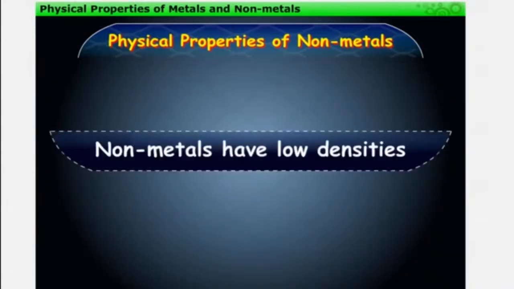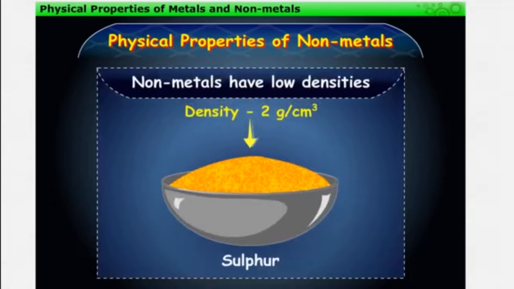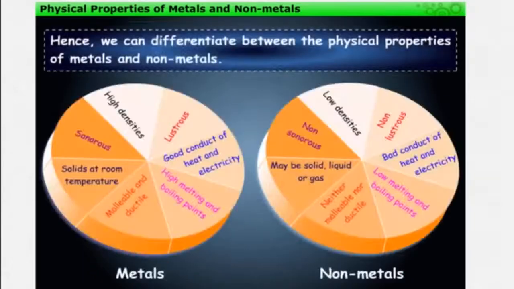Non-metals have low densities, that is, they are light substances. For example, sulfur, whose density is 2 grams per centimeter cube, which is quite low. Hence, we can differentiate between the physical properties of metals and non-metals, as shown.